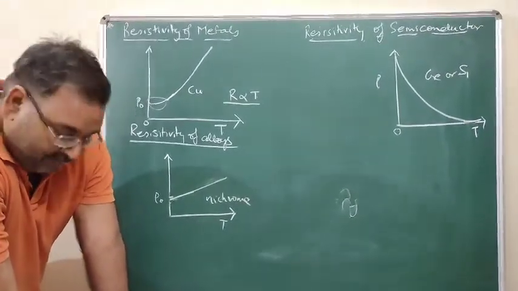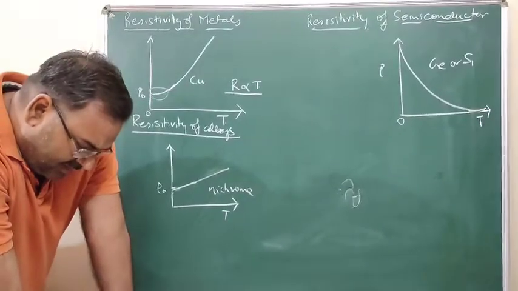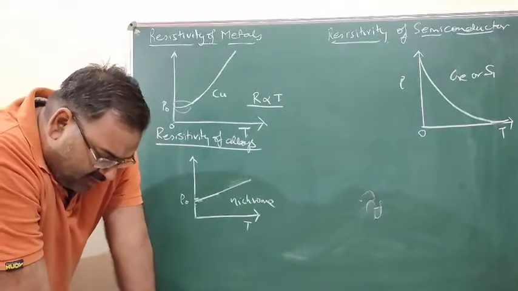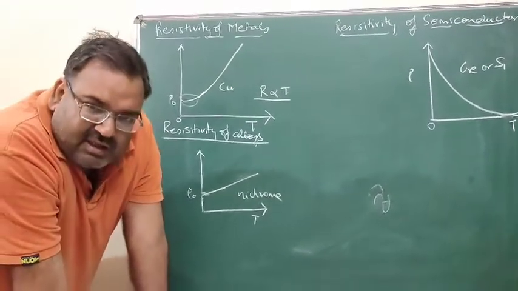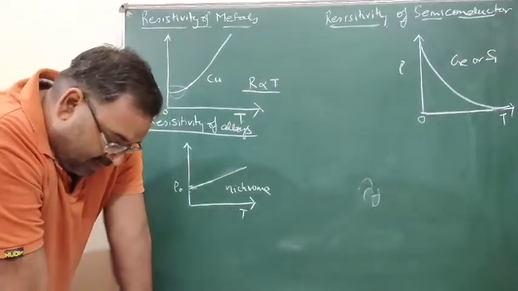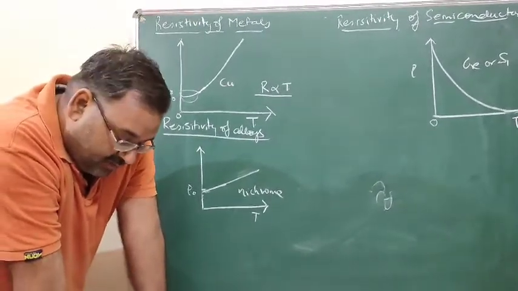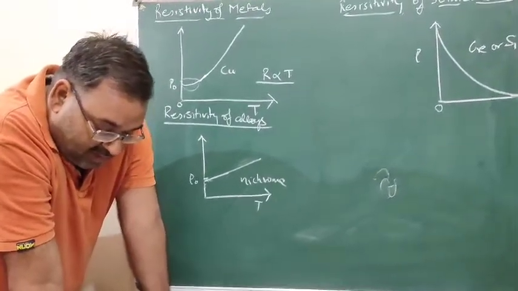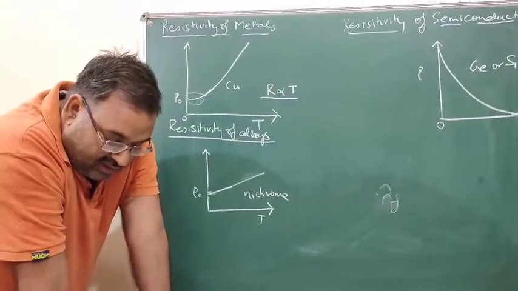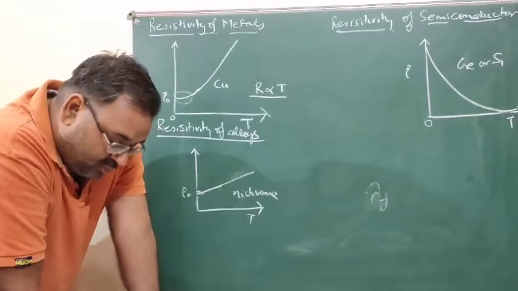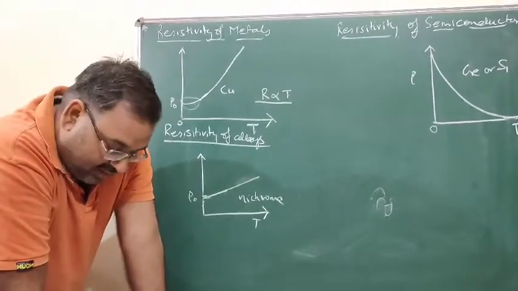The next thing we have is resistivity of electrolytes. The resistivity of an electrolyte also decreases with the rise in temperature. The reason is that with the rise in temperature, the viscosity of the electrolyte decreases, so that ions get more freedom to move inside the electrolyte.